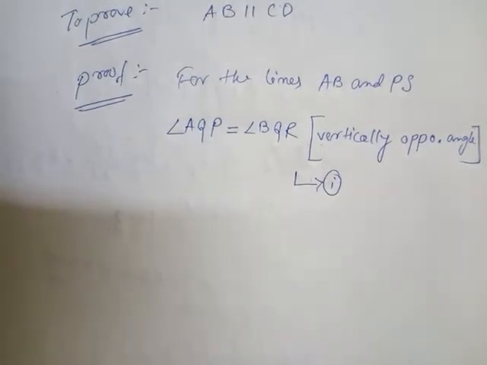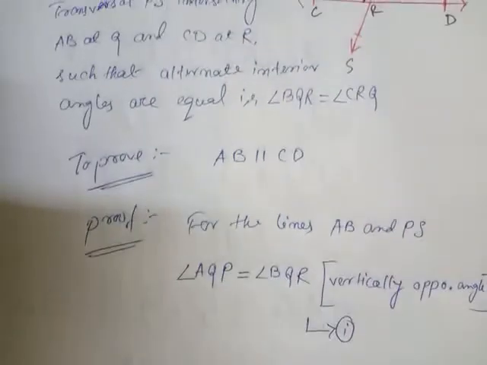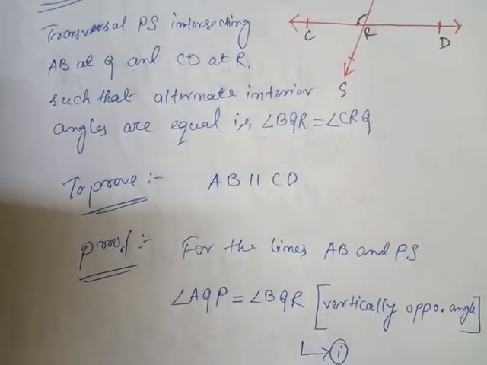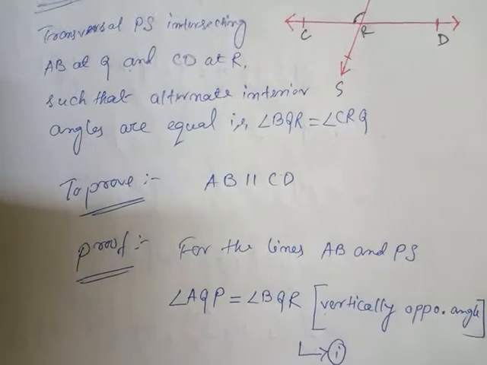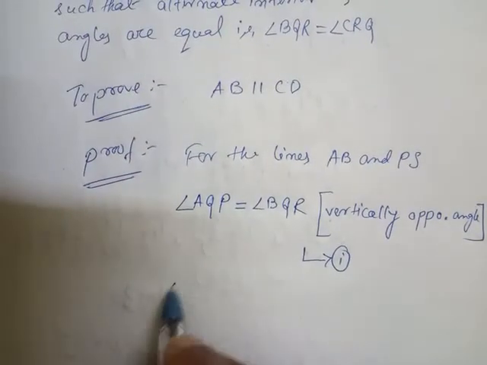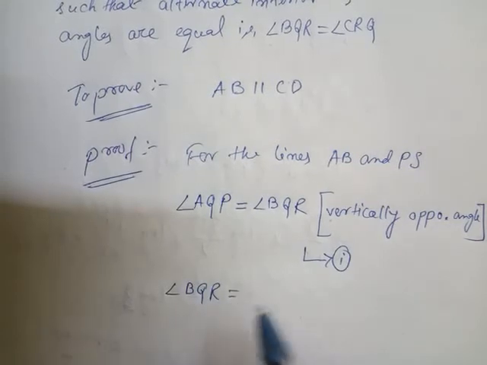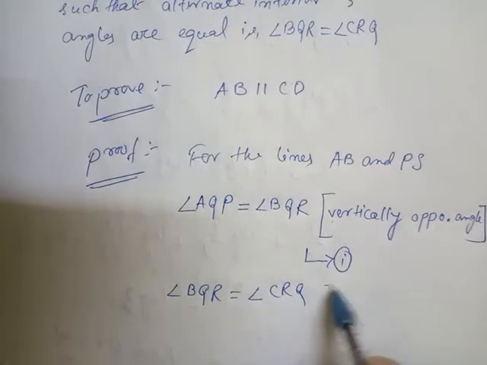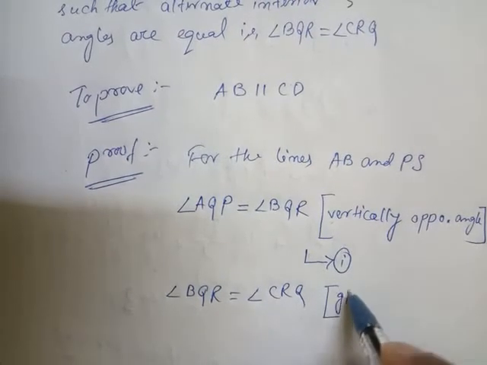Now what is the given part here? In the given it is mentioned that these two angles are equal, meaning alternate interior angles are equal. So we'll take this one, here I am writing angle BQR equal to angle CRQ, and this is the given part.